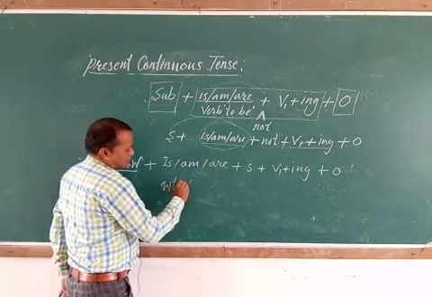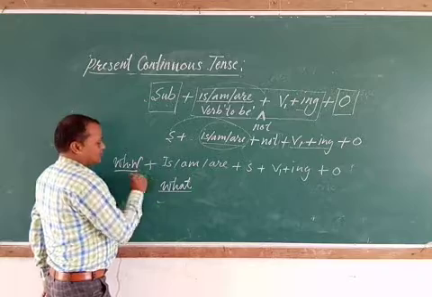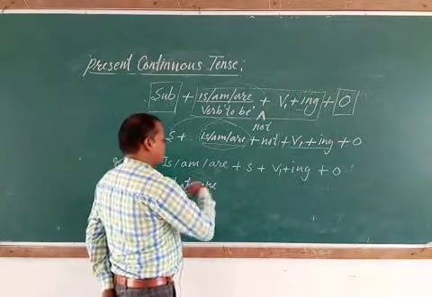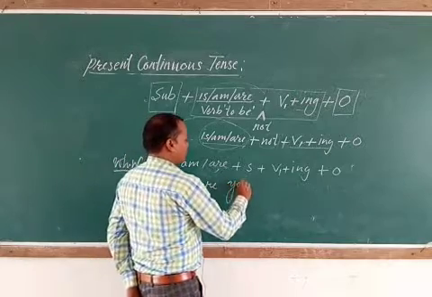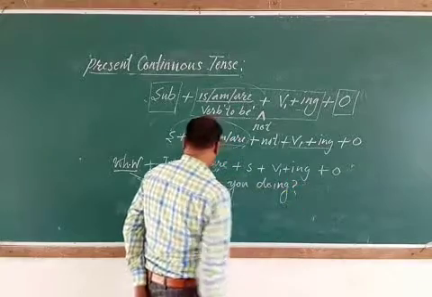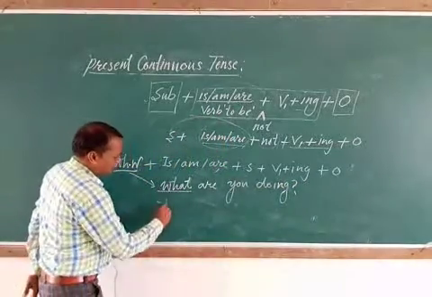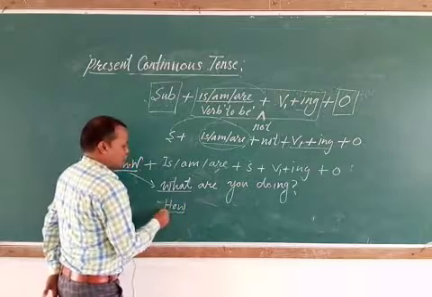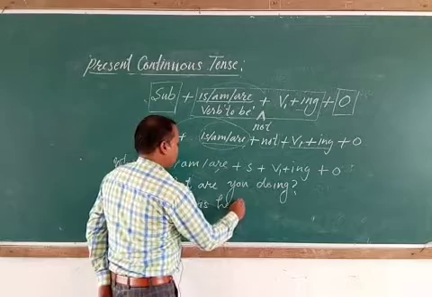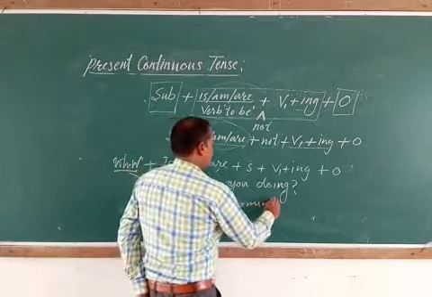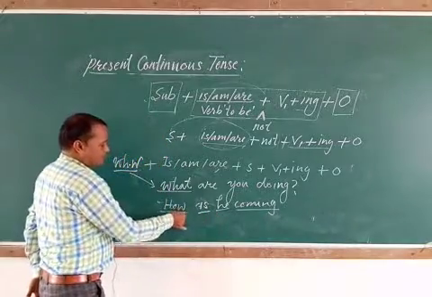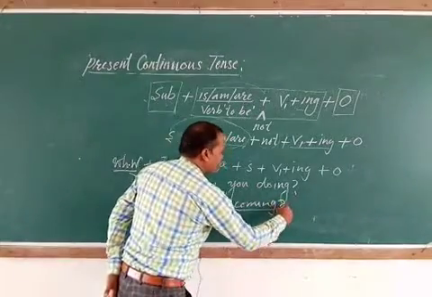What is a question word? That comes from here. What are you doing? And now that is a question. How is a question word. How is he coming? So question word, auxiliary verb, subject, main verb, and question mark.